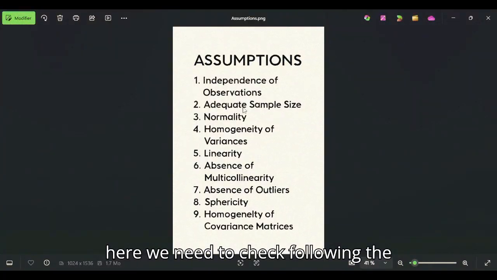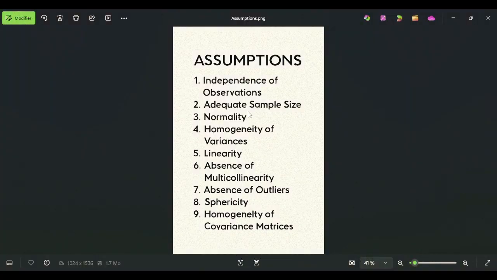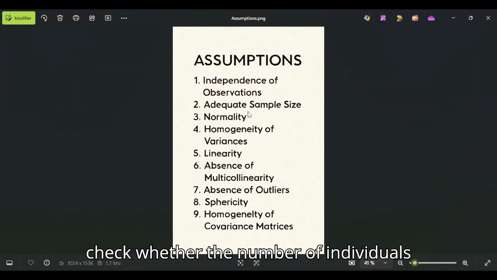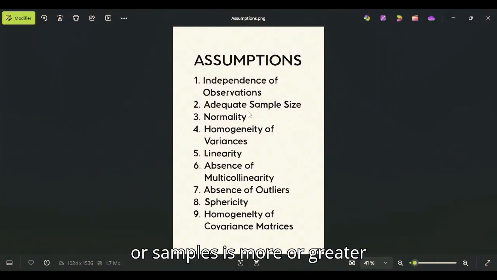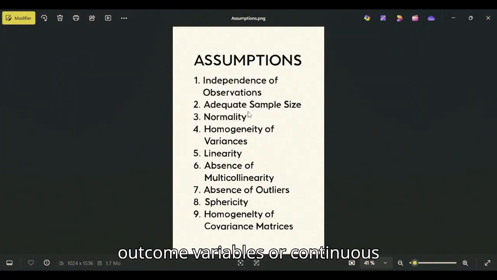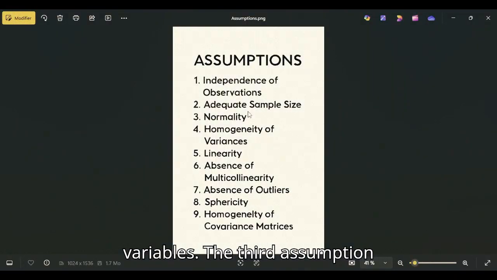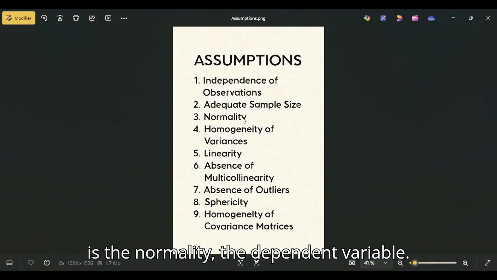So here we need to check, following the rule of thumb, whether the number of individuals or samples is greater than the number of outcome variables or continuous variables. The third assumption is normality.